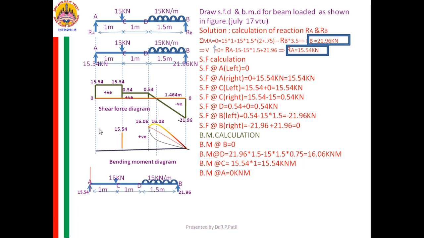You are erecting an ordinate of 15.54 there. BM at D is 16.04, 16.06. You are erecting an ordinate there. And BM at A is 0.